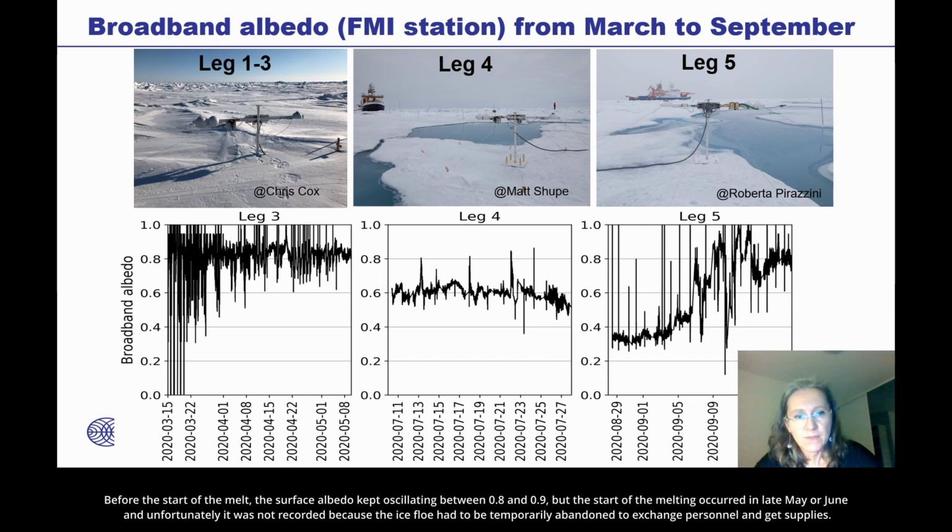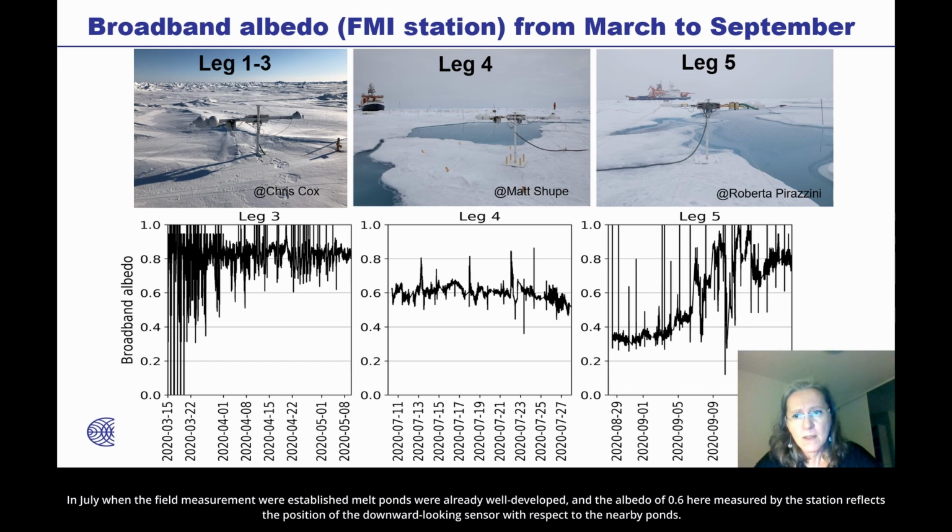Before the start of the melt, the surface albedo kept oscillating between 0.8 and 0.9. But the start of the melting occurred in late May or June, and unfortunately it was not recorded because the ice floe had to be temporarily abandoned to exchange personnel and get supplies.